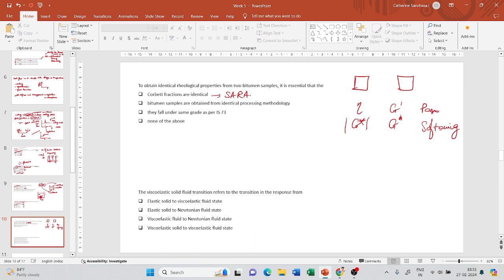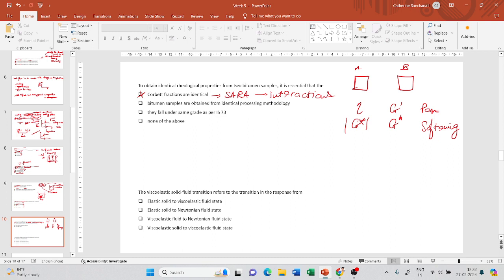Ma'am would have said that just by looking at the Corbett fractions, let us consider the bitumens as A and B, though both A and B have similar Corbett fractions, they need not have identical rheological properties, because despite the proportion in which they are present in the bitumen, the interactions between them also play a very critical role. So, though Corbett fractions are identical, their rheological properties need not be identical, right?